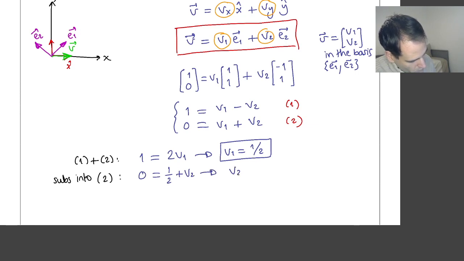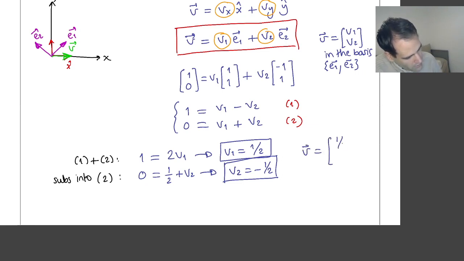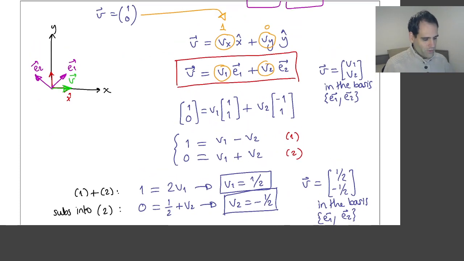So therefore v2 equals minus 1/2. And that's it. In this way we have found the two coefficients of v in the basis e1, e2. Therefore we could say that v is equal to 1/2, minus 1/2 in the basis e1, e2. That's how we could do it.